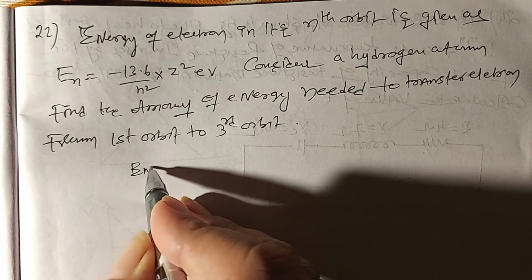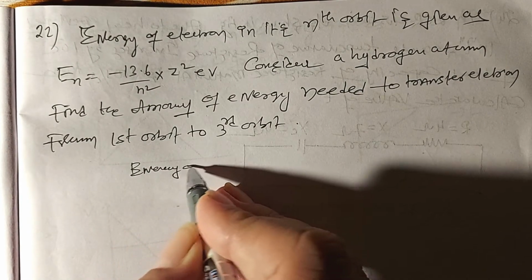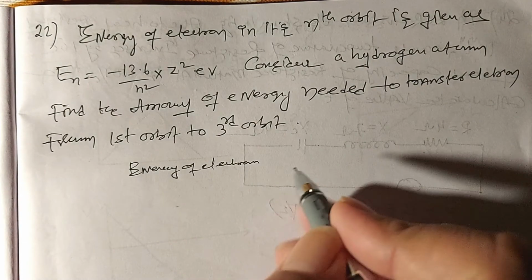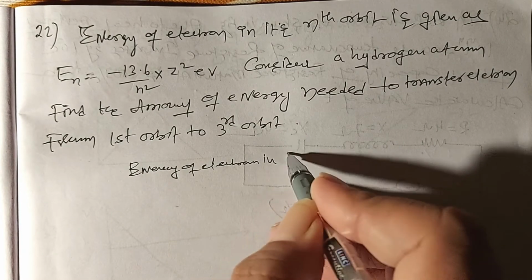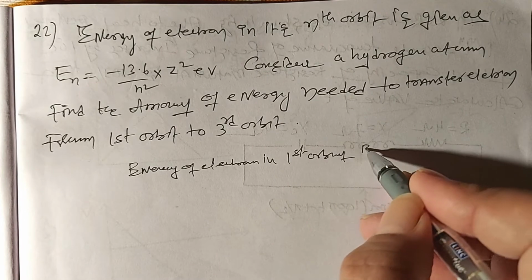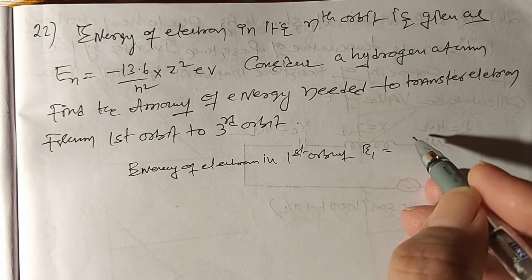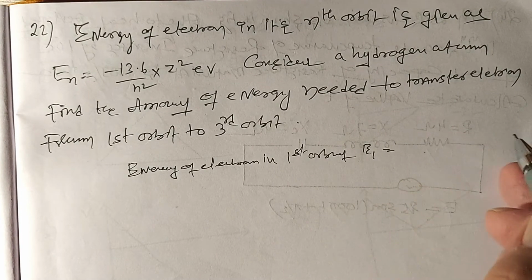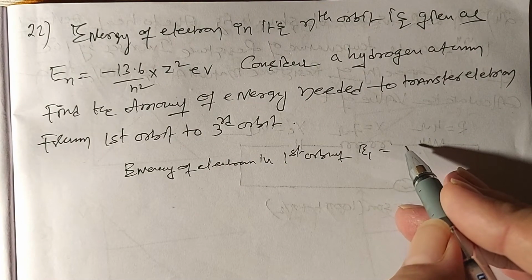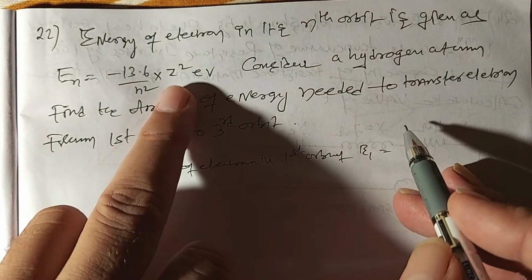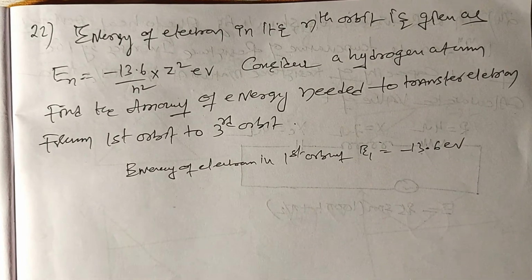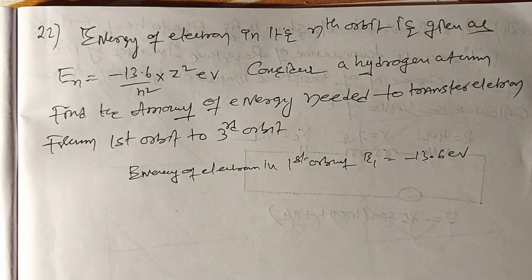Energy of electron in first orbit, E1 is equal to, here put n is equal to 1 and this is hydrogen atom, z is equal to 1. We get minus 13.6 electron volt. Okay.